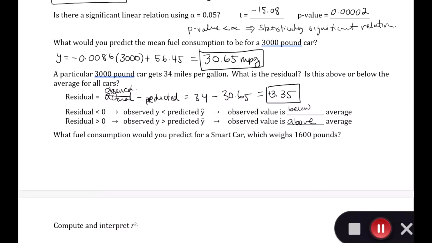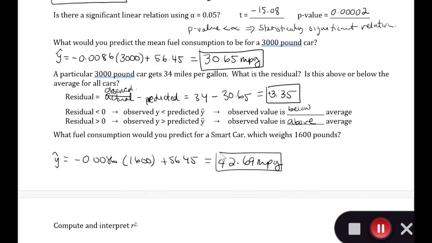So let's go through and do the same thing and find the fuel consumption for our smart car that weighs 1,600 pounds. So my predicted value would be negative 0.0086 times 1,600 plus 56.45. Again, I'm doing my rounded numbers. And you get 42.69 miles per gallon.